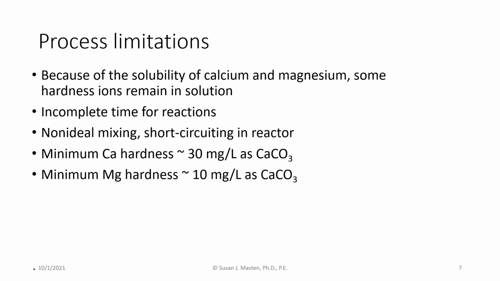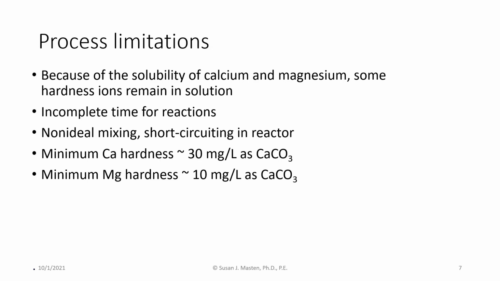However, we have process limitations. We can't achieve 0% hardness, or sorry, 0 concentrations of hardness. We can't achieve 100% removal of our hardness in a chemical softening system because of a number of process limitations.